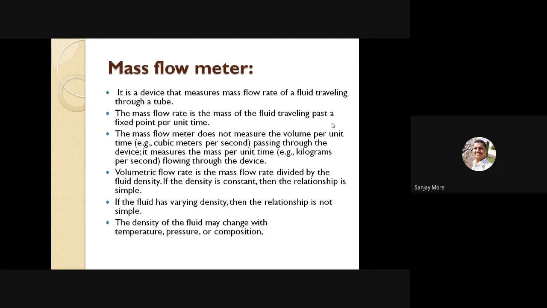Full stop and next line. The density of fluid may change with temperature, pressure, or composition.